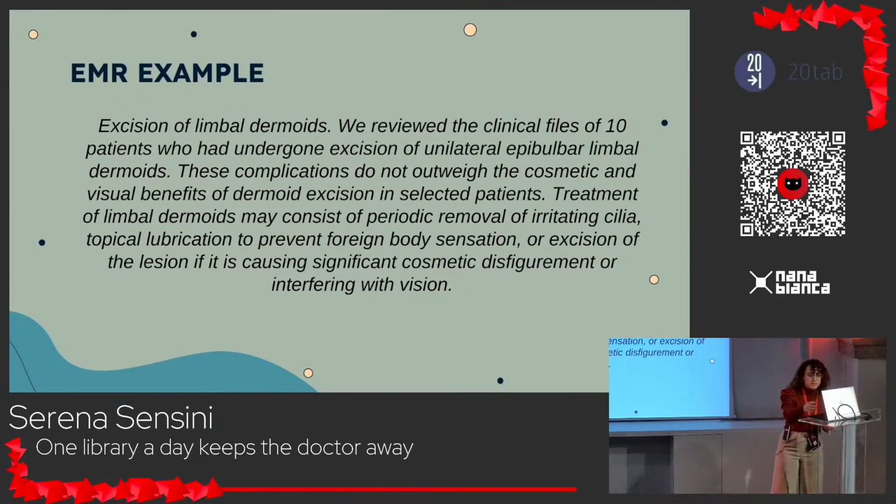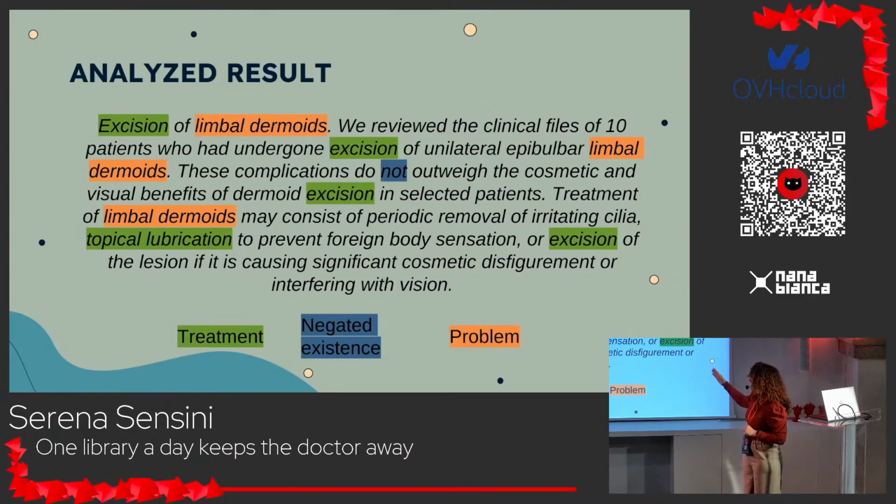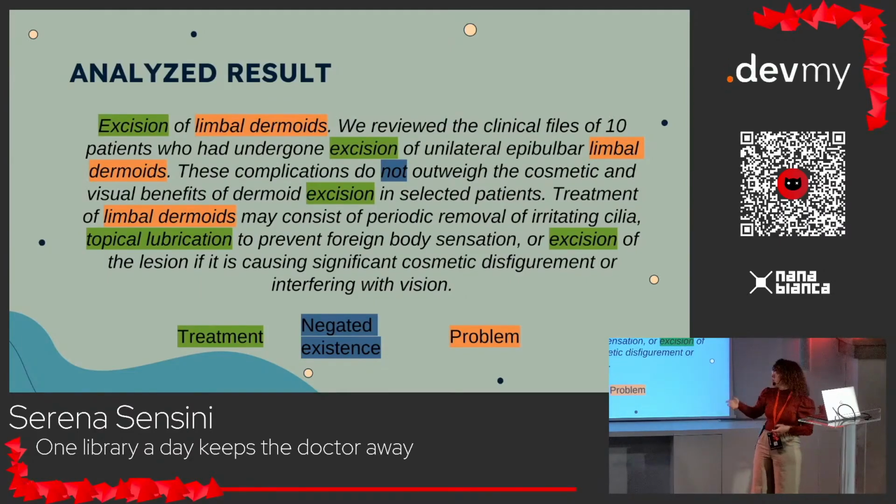So we want our system to read all this text and to highlight some of these words related to these categories. We have excision and topical lubrication that are considered treatment, like how do you heal the patient. Then we have limbal dermoids, that is the problem, the little bubble over the eye.